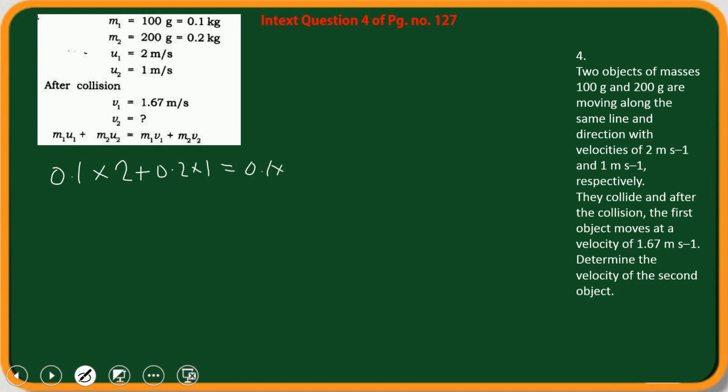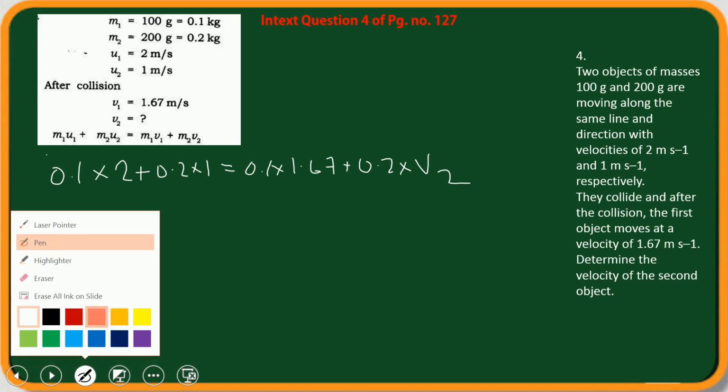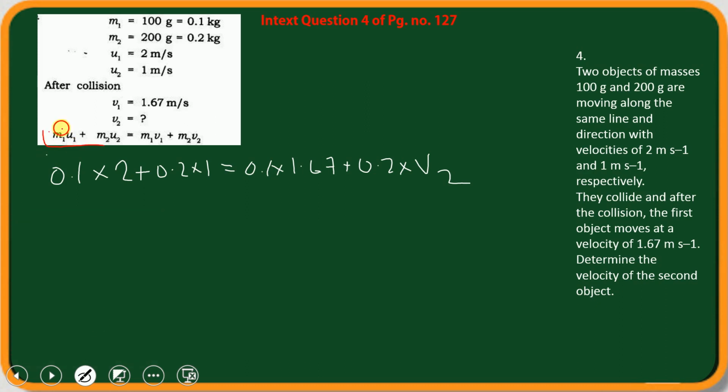Now V1 is given as 1.67. Then plus 0.2 into V2, which we have to find. Sure? Here we are substituting these values in this equation. You understand this?